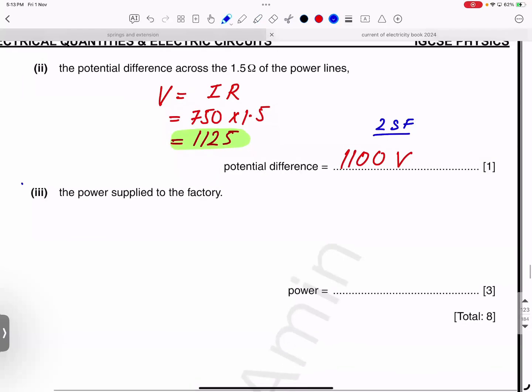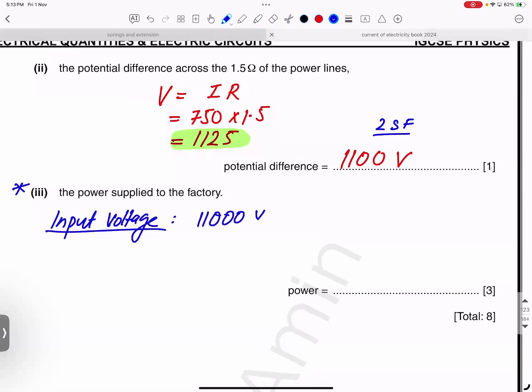The last part is the trick part. The power supplied to the factory. That's the problem. What was the input voltage? It was 11,000 volts. How much PD loss in wires, in lines? This is called line loss. That is 1125.